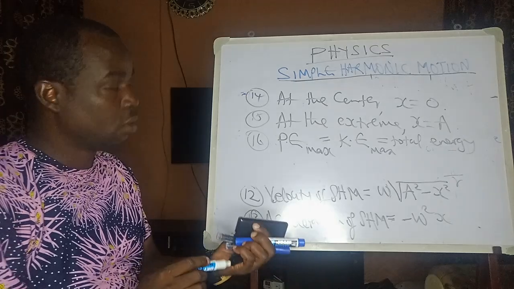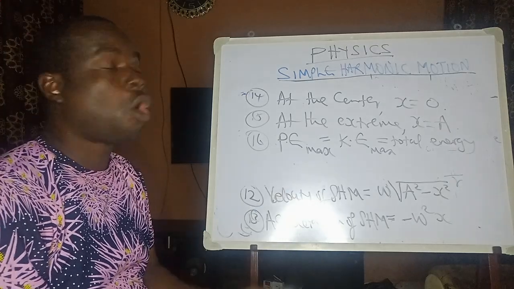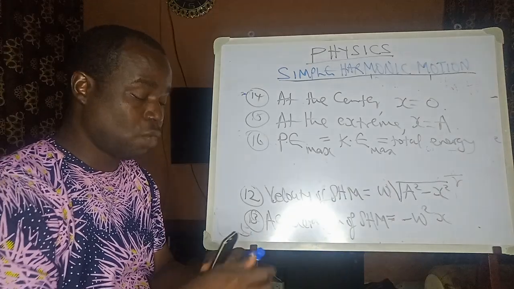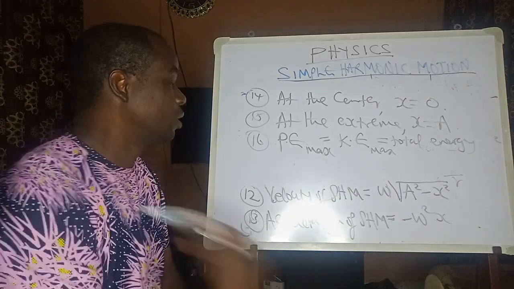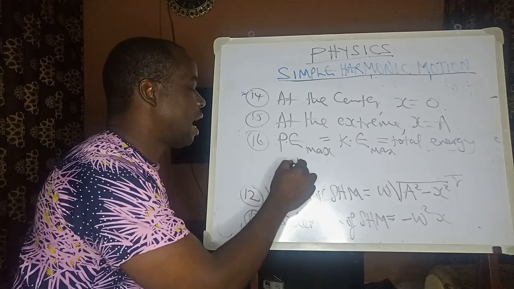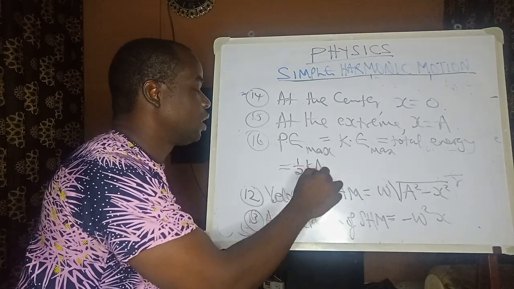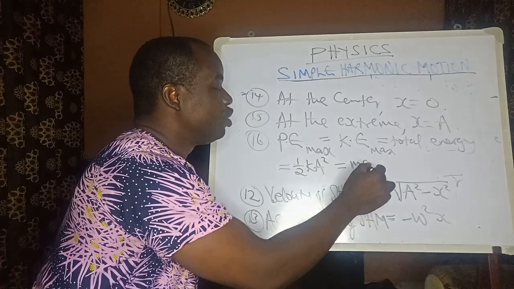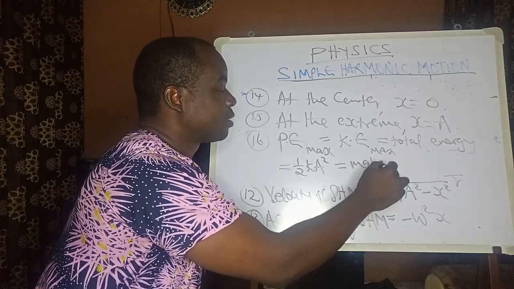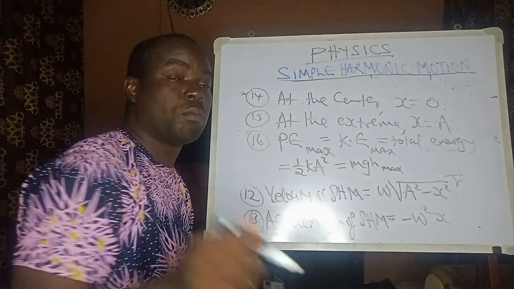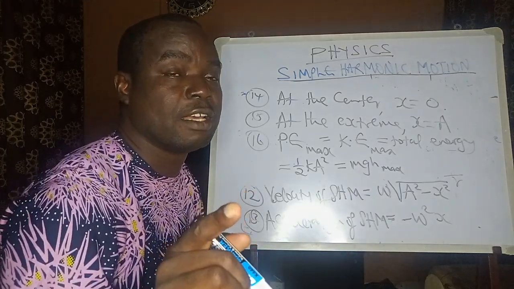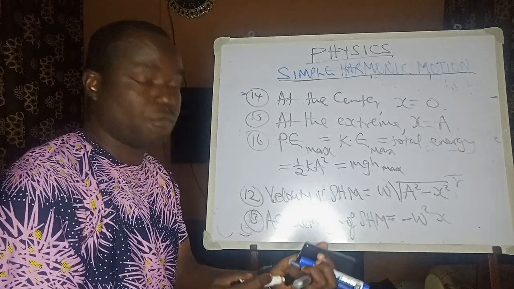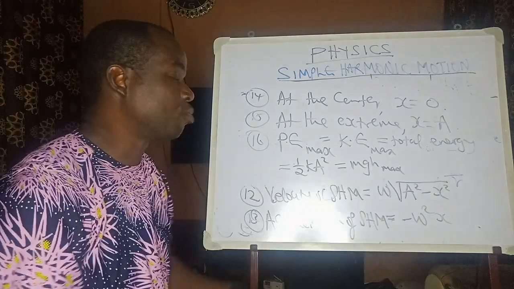Are you with me? But all of these 3 now, we have a formula that can solve for 3 of them, and the formula is we can use half KA squared, or you can use mg h max. Now h max means maximum height. Please take it down, add it to your table of symbols. H max is maximum height.